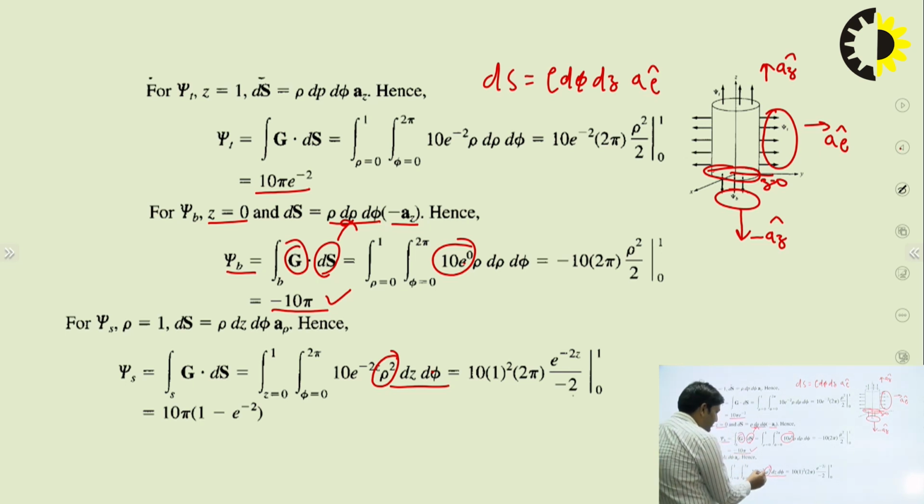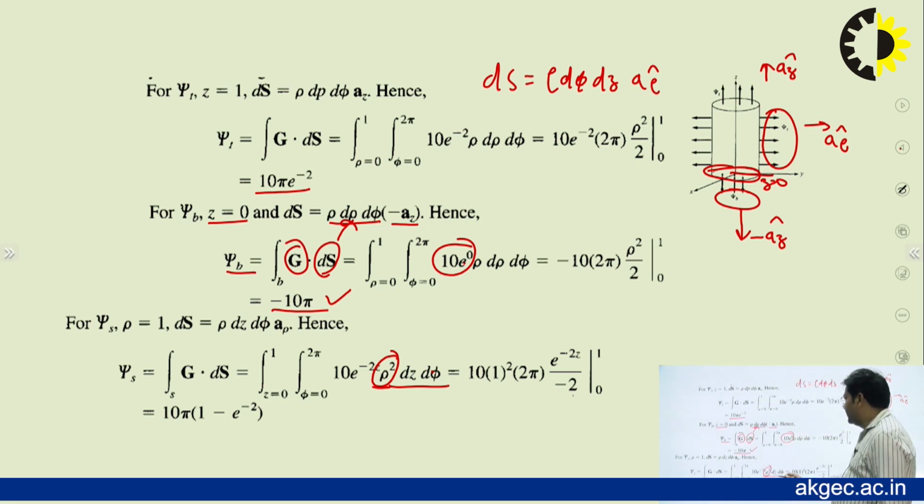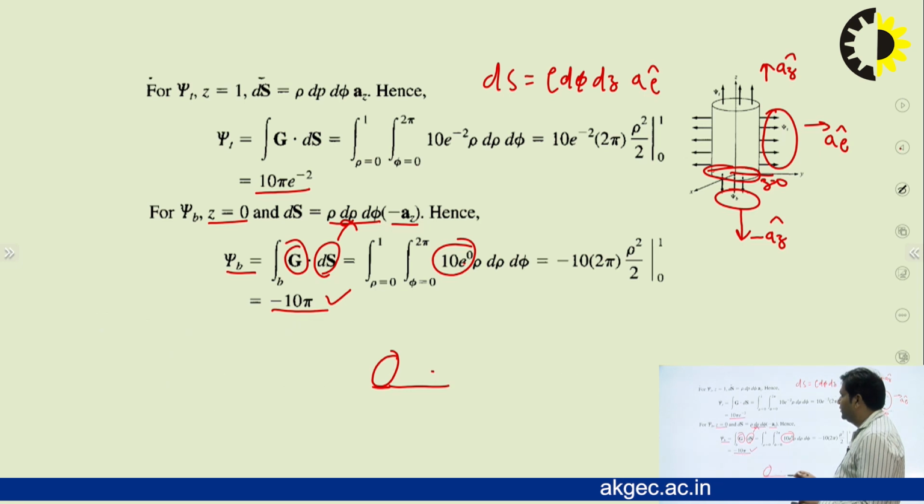Then we calculate here. What is the value of this? In this case rho is constant, because in the direction of a rho, rho is constant, and in the given question rho is equal to 1.